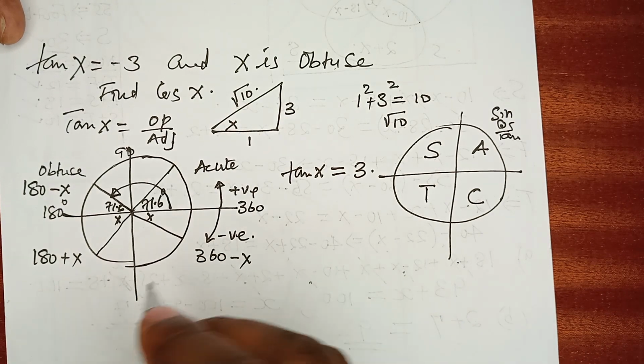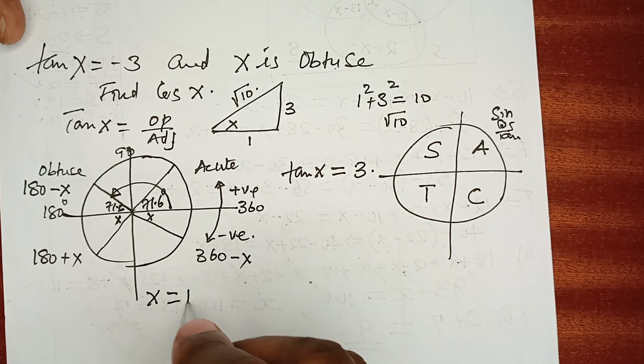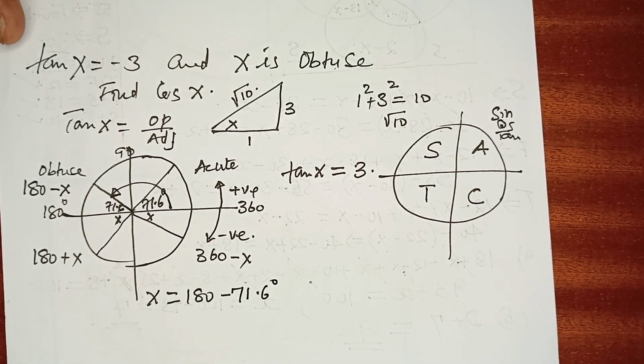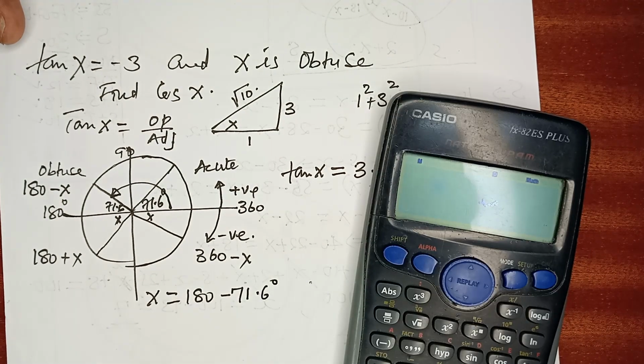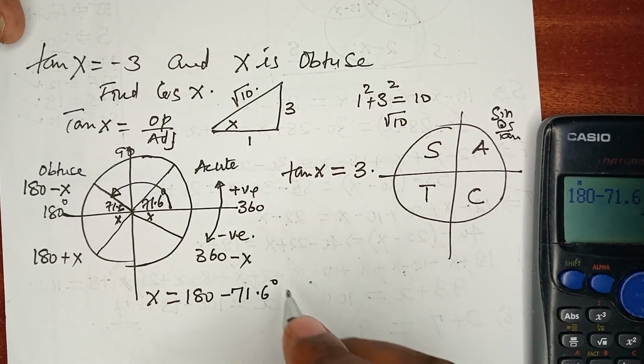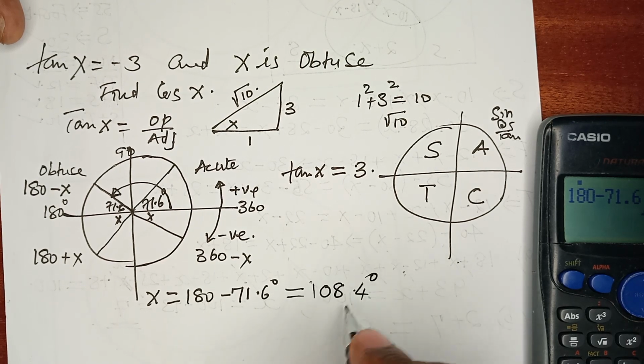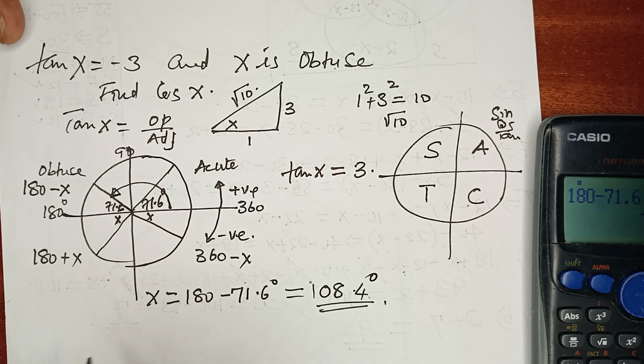And it goes without saying that x is equal to 180 minus 71.6 degrees, which is 108.4 degrees.